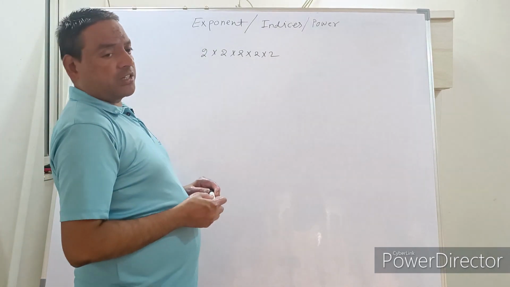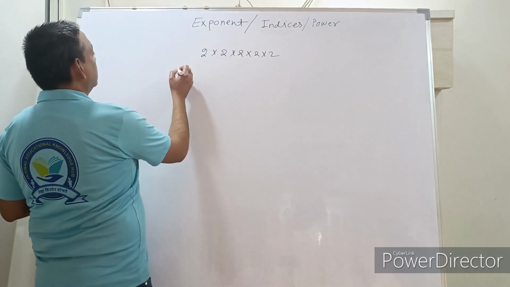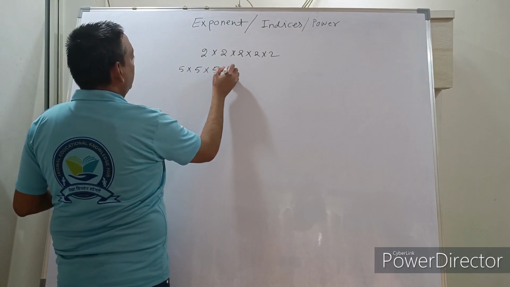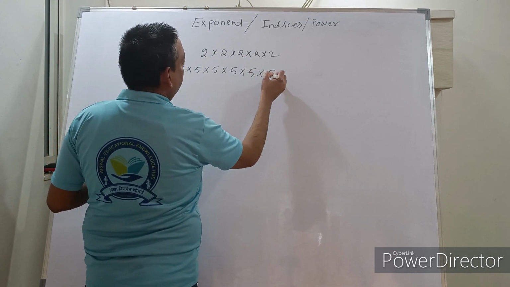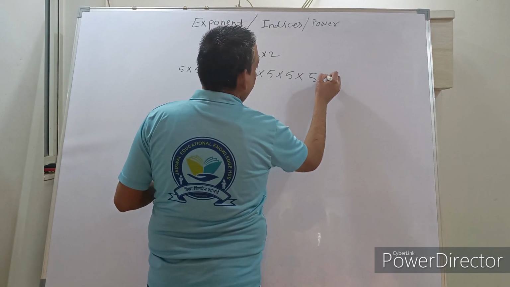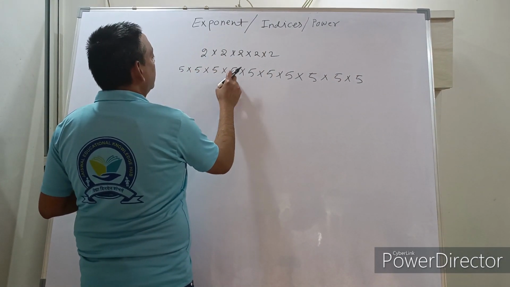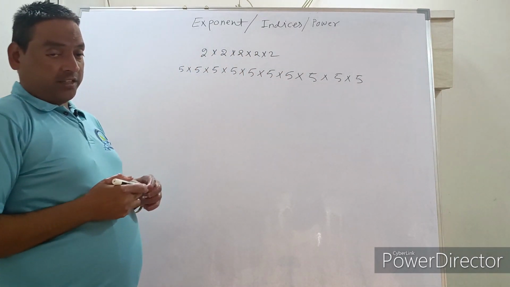If I say write down 5 10 times, so what we'll do here, 1 2 3 4 5 6 7 8 9 10 times. So this is 5 10 times.